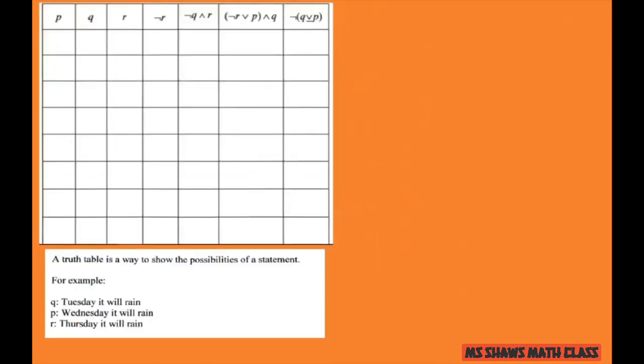The only thing we need to go over now is if you have a 3x3 here. So you have three propositions, and the way you set that up is you do the same thing for P as before. You're just going to write true, false, true, false, true, false for P. For Q, you're going to write two T's, two F's, two T's, two F's.